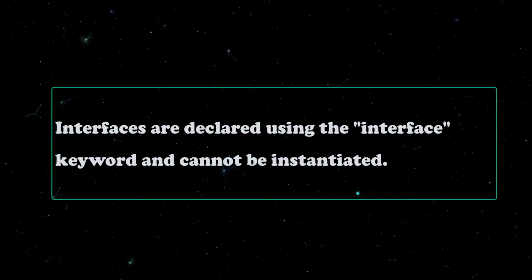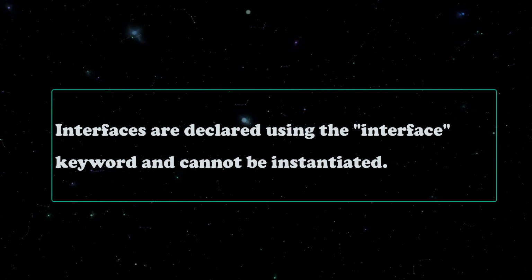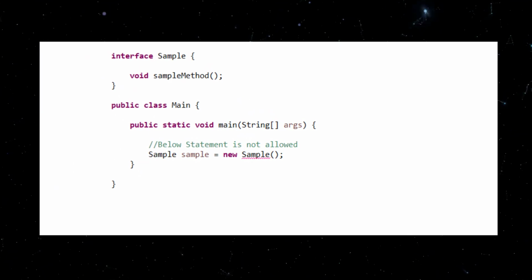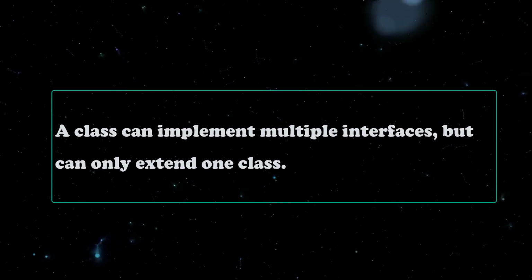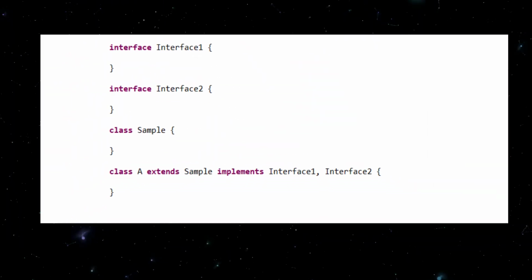Interfaces are declared using the interface keyword and cannot be instantiated. A class can implement multiple interfaces but can only extend one class.